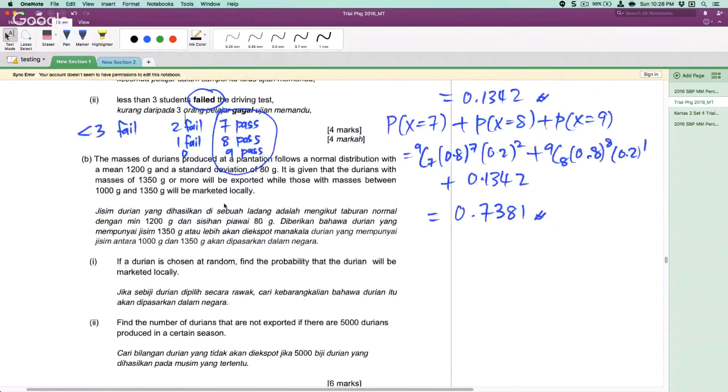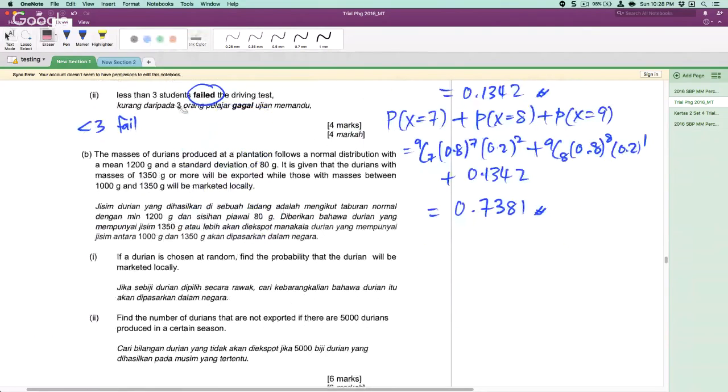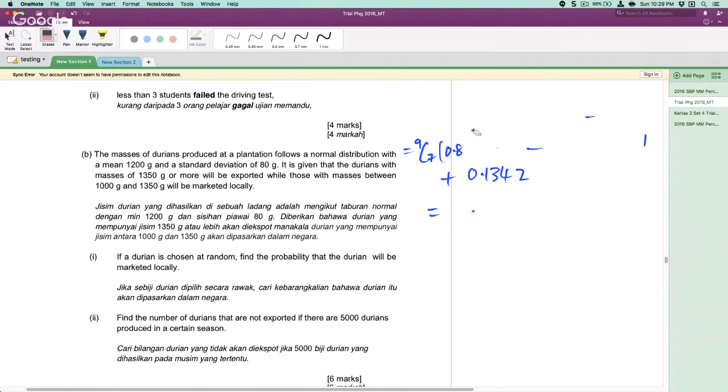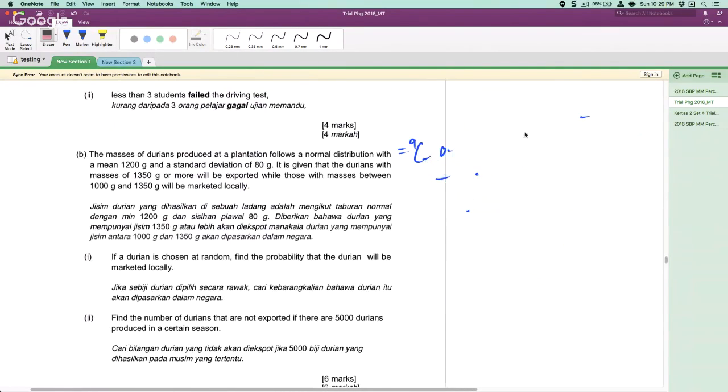Part B is a probability distribution. So basically, you will need to form a bell-shaped diagram or something like that. The mass of the durian produced at a plantation follows a normal distribution with a mean of 1200 gram and standard deviation 80 gram. In this case, what I will do first is let X become the mass of the durian, because it's easier for myself to understand.